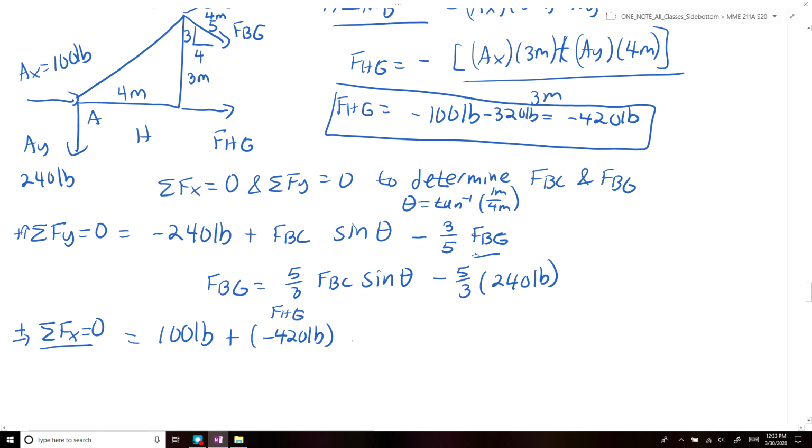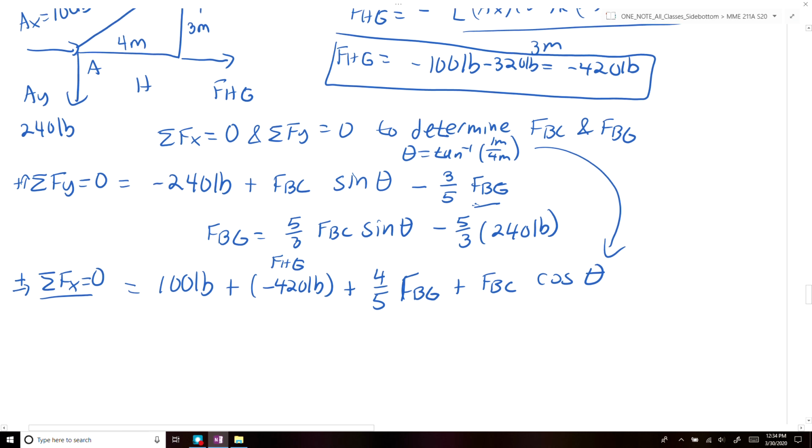Then we'd have the x component of F_BG, which would be 4/5 times F_BG, plus F_BC times the cosine of theta, where theta is the same theta as we defined earlier.